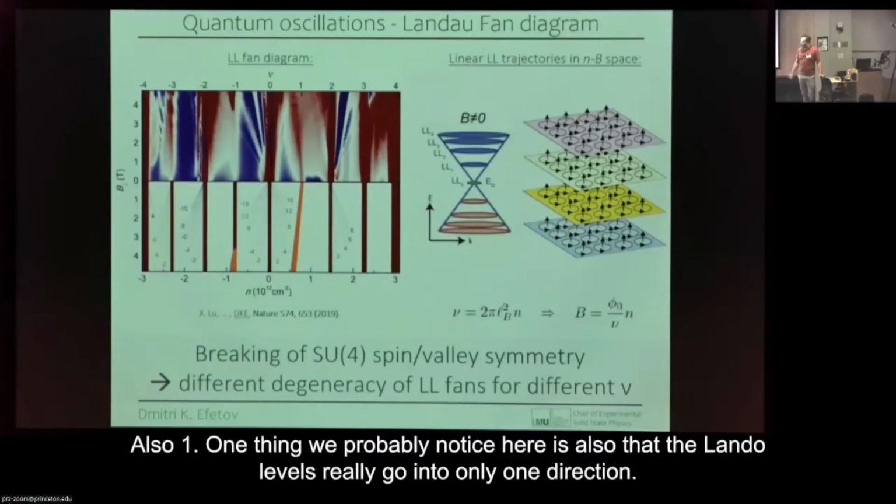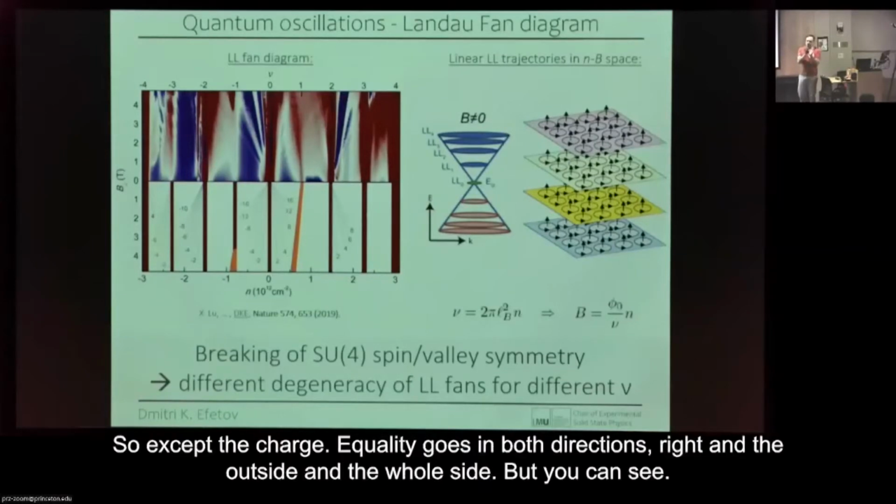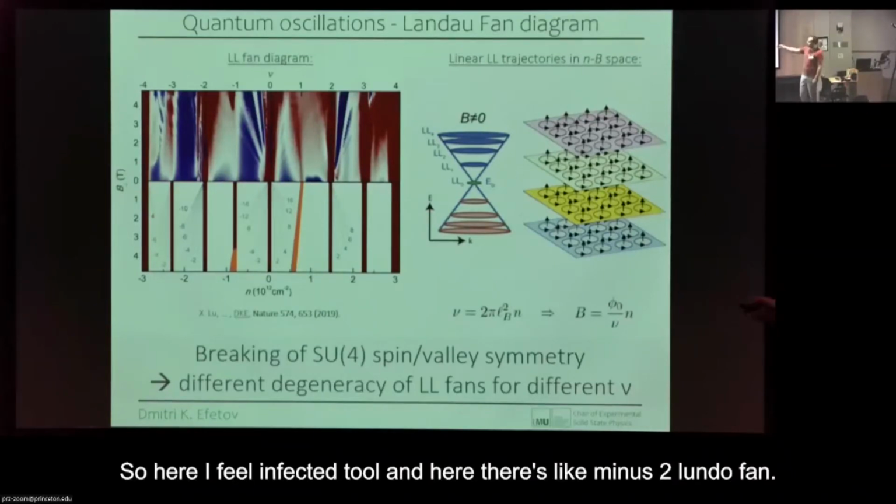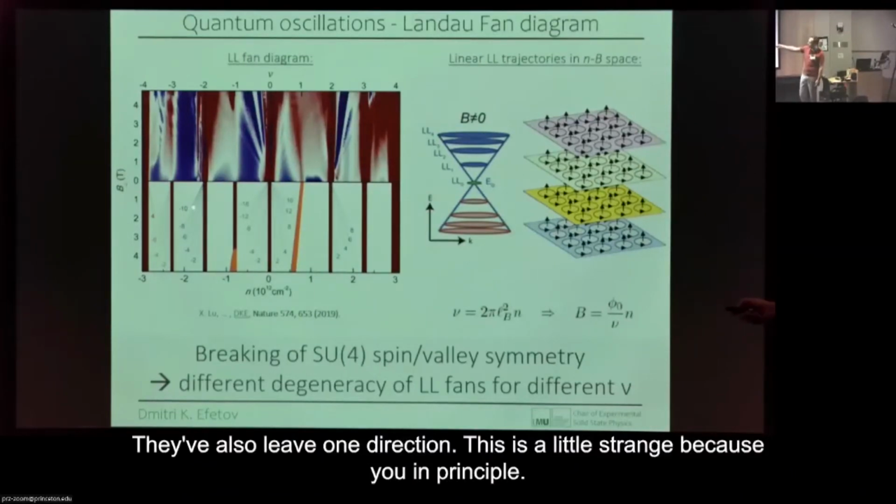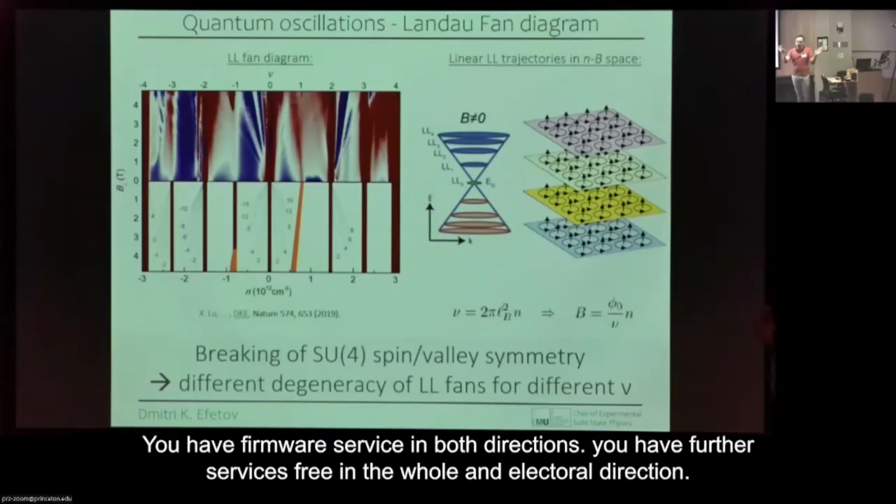And I want to say one thing we probably notice here is that the Landau levels really go into only one direction, except that charge neutrality goes in both directions, the electron side and the hole side. But you can see that here at filling factor 2 and here at filling factor -2, the Landau fan evolves only in one direction. This is a little bit strange because in principle you have Fermi surfaces in both directions, in the hole and electron direction.